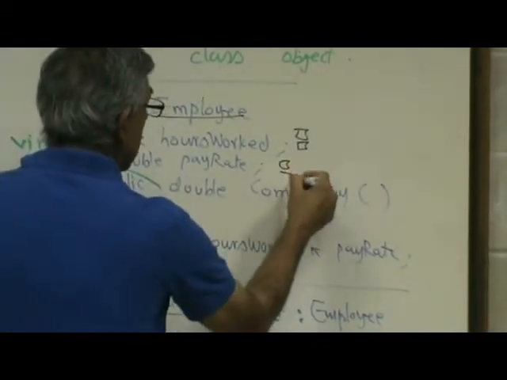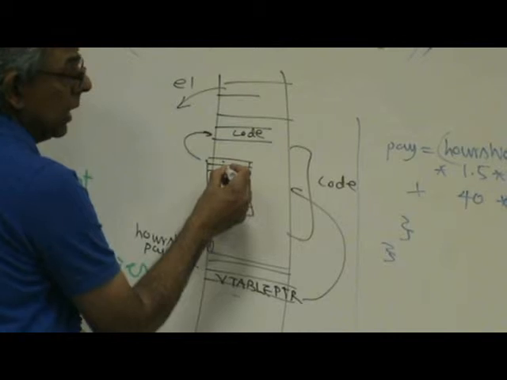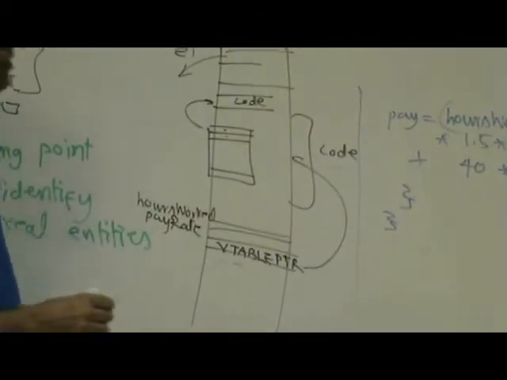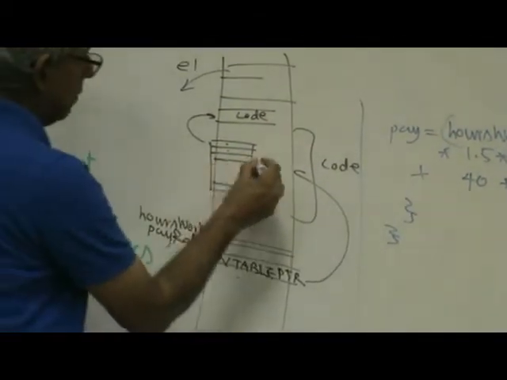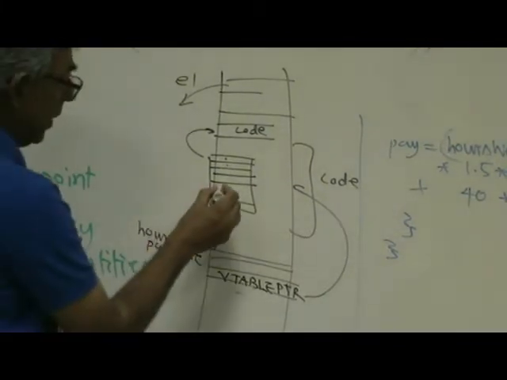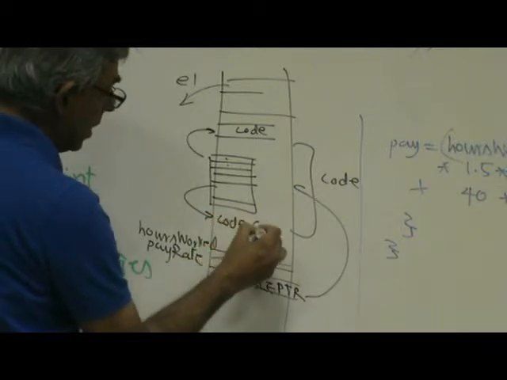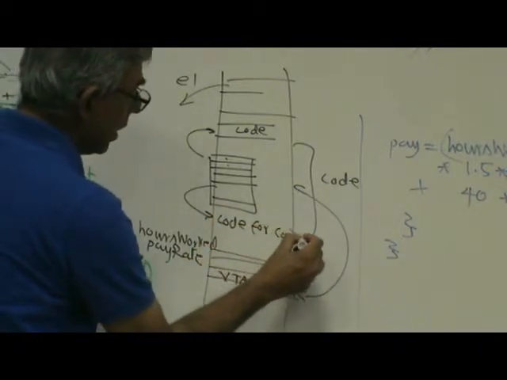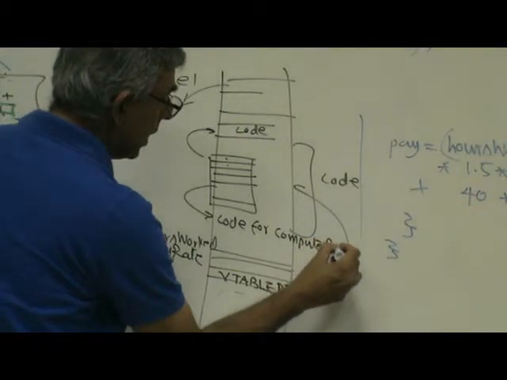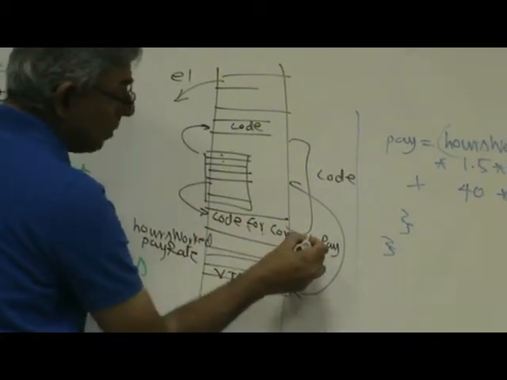There will be a set and a get over here, right? So there will be set and get for the hours worked, set and get for the pay rate, and lastly there will be the code for ComputePay, correct?